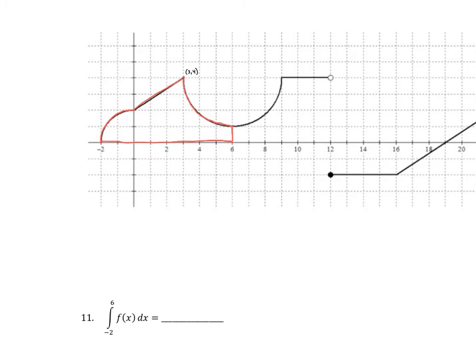Okay, so definitely going to split this up in different ways. I'm going to find maybe that area here, kind of this area here, and I'll break it up this way, I think. Okay, so this is a quarter circle.